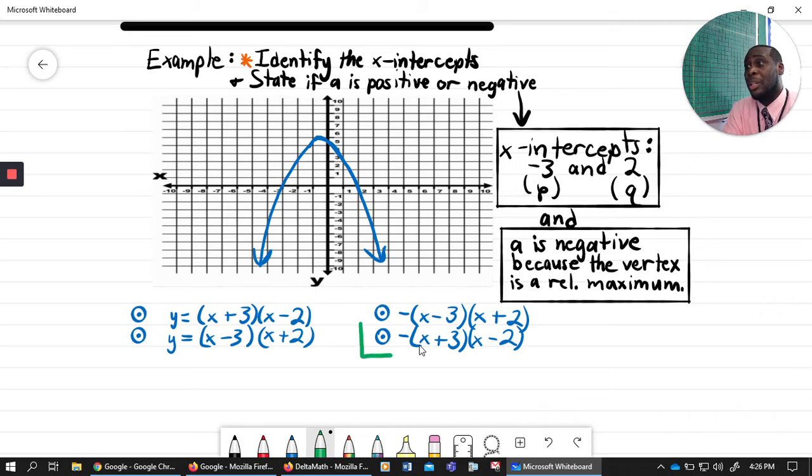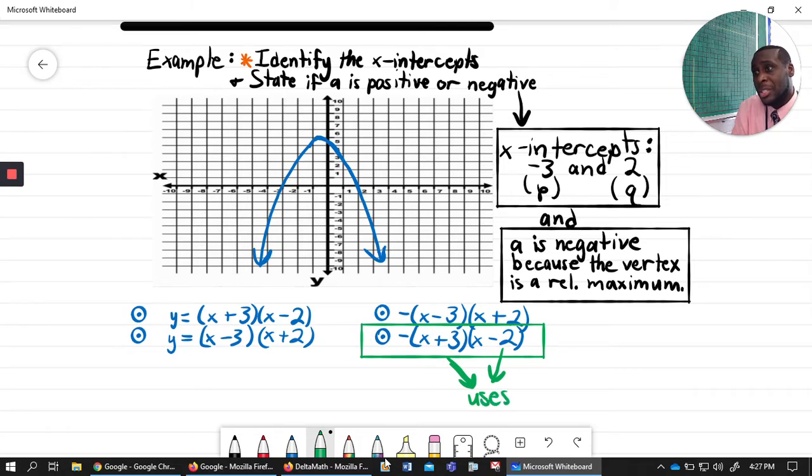So the answer here has to be this one, because it used the opposite sign for P and Q, and it has an A value that's negative.